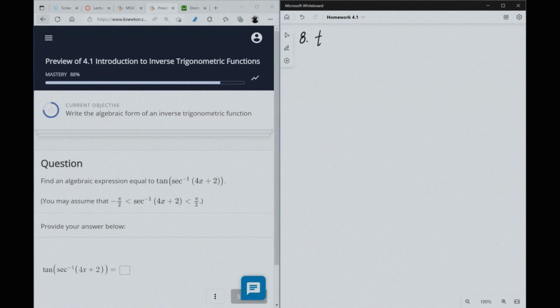We have tangent of secant inverse of 4x plus 2, and we introduce angle theta, so the problem is easy now. Tangent theta, which is opposite over adjacent, we draw a triangle.